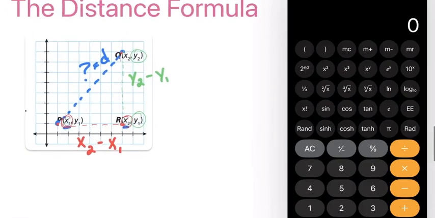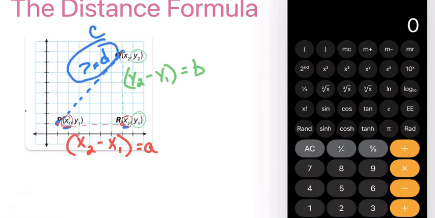Now, even though it looks kind of weird because I'm using all these variables instead of numbers, I'm going to do the Pythagorean theorem. So this part at the bottom, I'm going to call my A, and this part on the side, I'm going to call my B, and then this part over here, of course, is going to be the C. And the Pythagorean theorem is a squared plus b squared equals c squared.